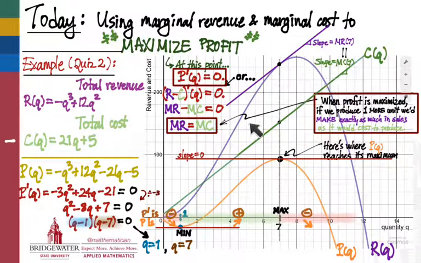So what we notice on the revenue and the cost graphs when we're optimizing profit is that the tangent lines to those graphs have the same slope. What does it mean when two lines have the same slope? They're parallel lines, right? So that's how, on a graph, we can recognize this optimum profit: it's the point at which the revenue graph and the cost graph are parallel to one another.